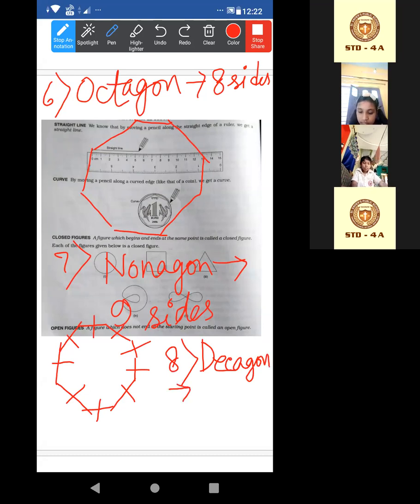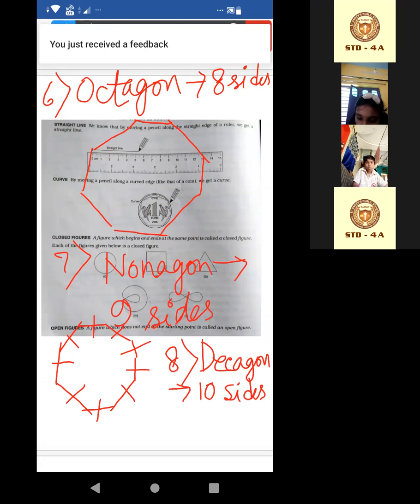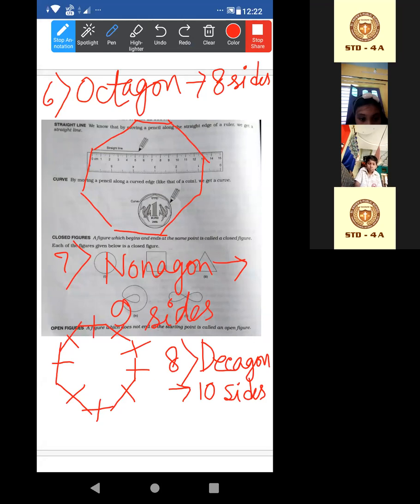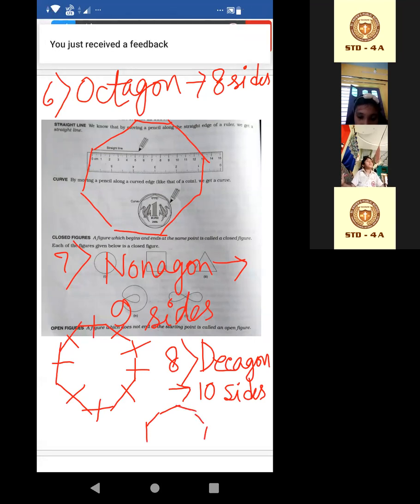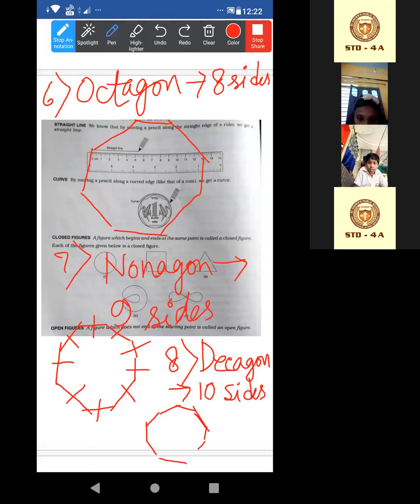Ten sides. Look, I'm drawing the figure: 1, 2, 3, 4, 5, 6, 7, 8, 9, 10. It is very much nearest, huh?